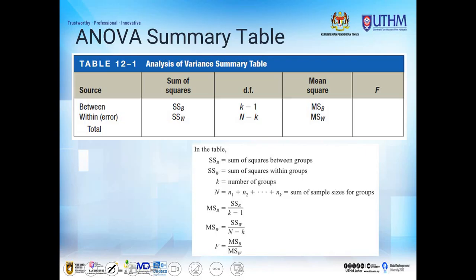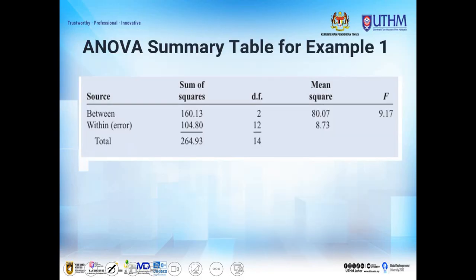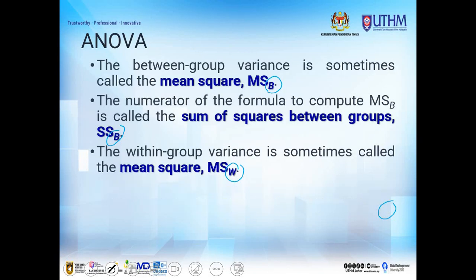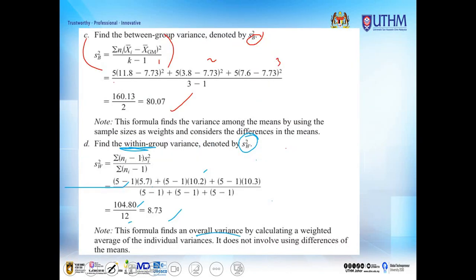So for example number 1, just now, the values are as follows. We already calculated between, right? So what is the value of between?